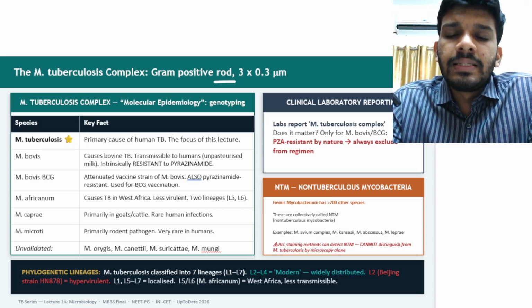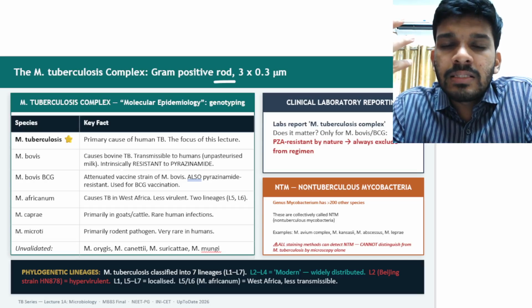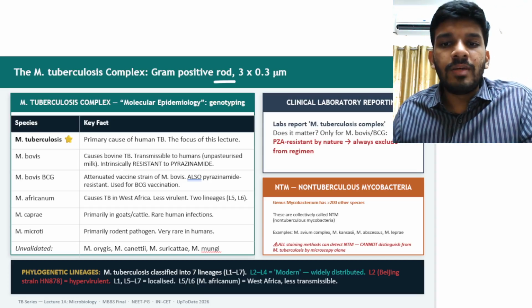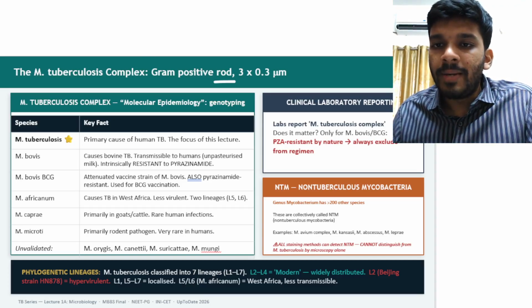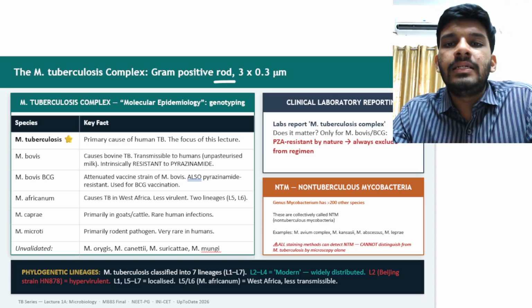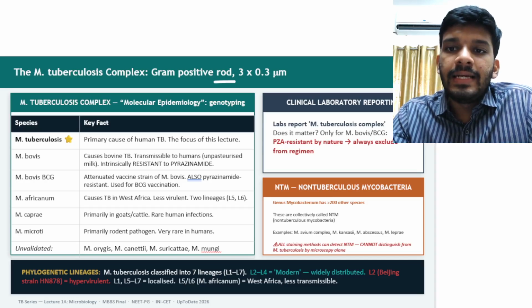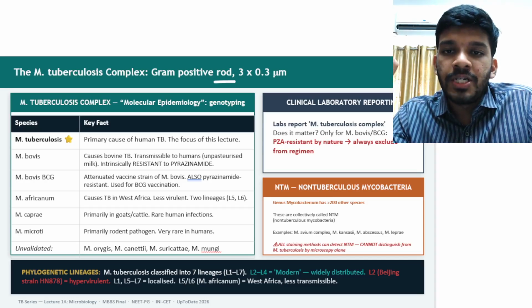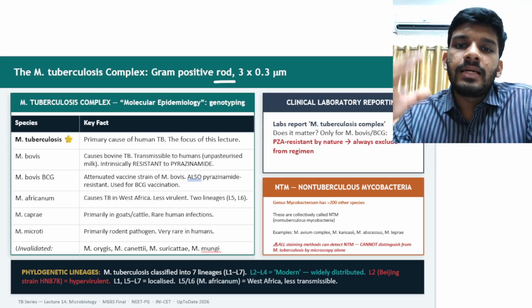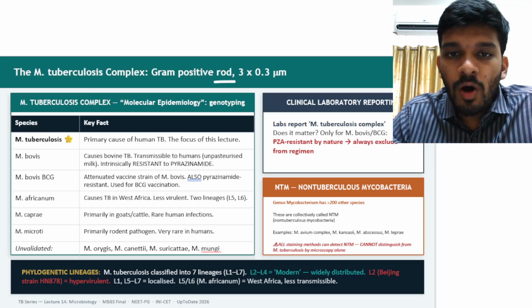The important thing is that initially, when we started seeing acid fast bacilli, we labeled all of them as a Mycobacterium tuberculosis complex. It was only later when we learned about genetics and we did molecular epidemiology by the method of genotyping, we realized there are multiple things that are included in the Mycobacterium tuberculosis complex.